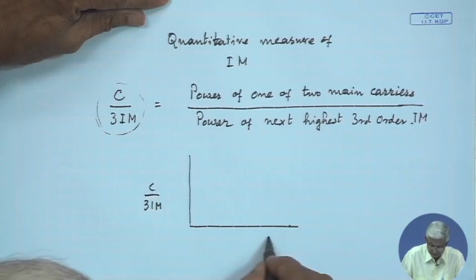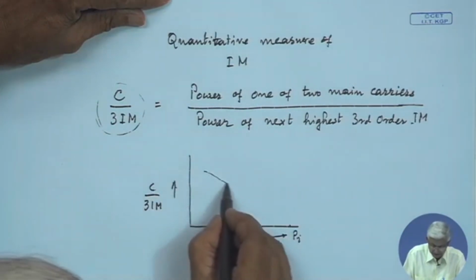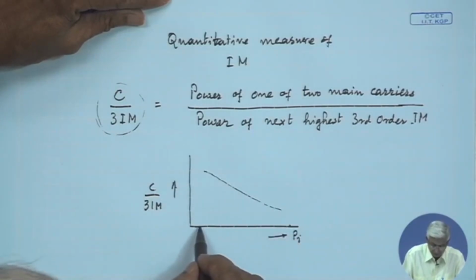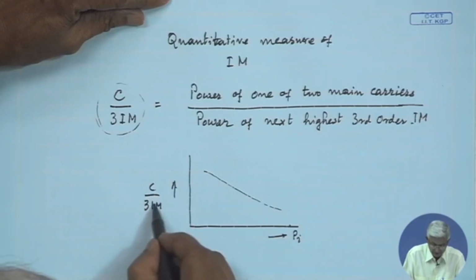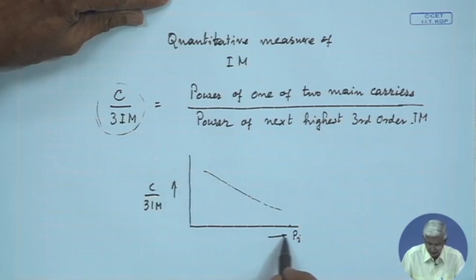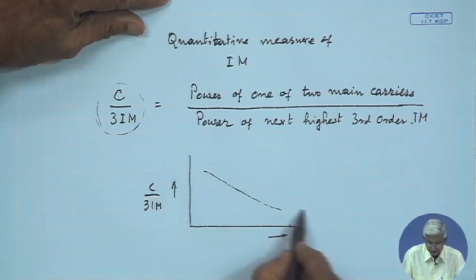As we increase the input power, it will decrease. At low input power, the intermod product is very low, so this value will be high, whereas at high input the intermod will grow and then this will start falling. So, this is one way of representation.